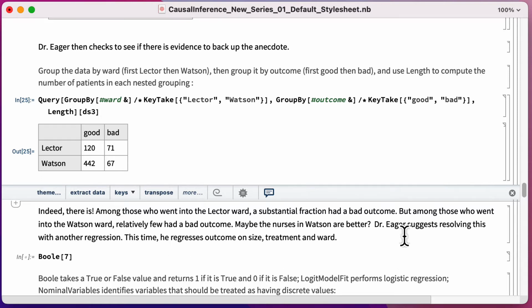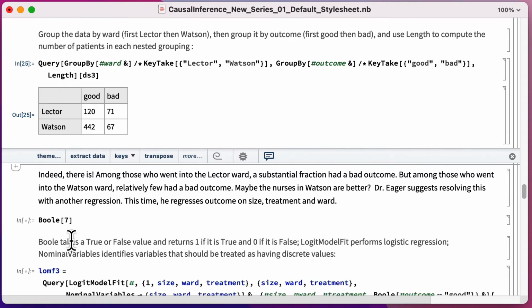And so Dr. Eager wants to do another regression. Maybe the nurses in the Watson ward are much better. So he's going to regress outcome on size, treatment, and ward. By the way, to do this, he's going to need a function called bool. Here's what bool does.